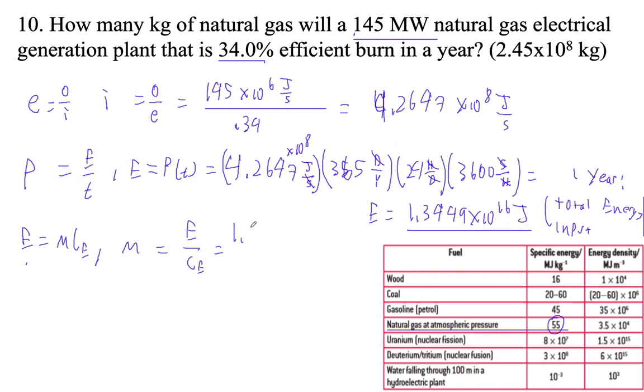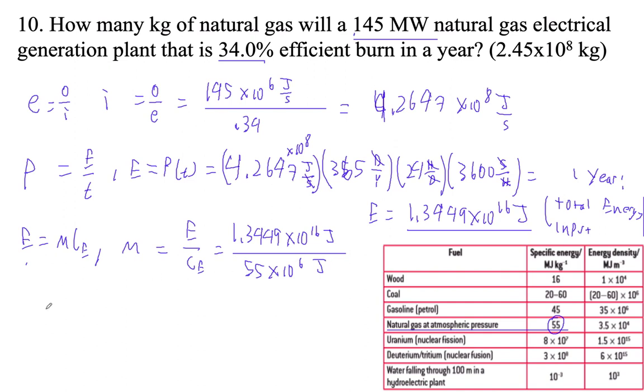So 1.3449 times 10 to the 16th joules divided by 55 times 10 to the 6th joules. Okay, we can do this. Divided by 55 times 10 to the 6th.